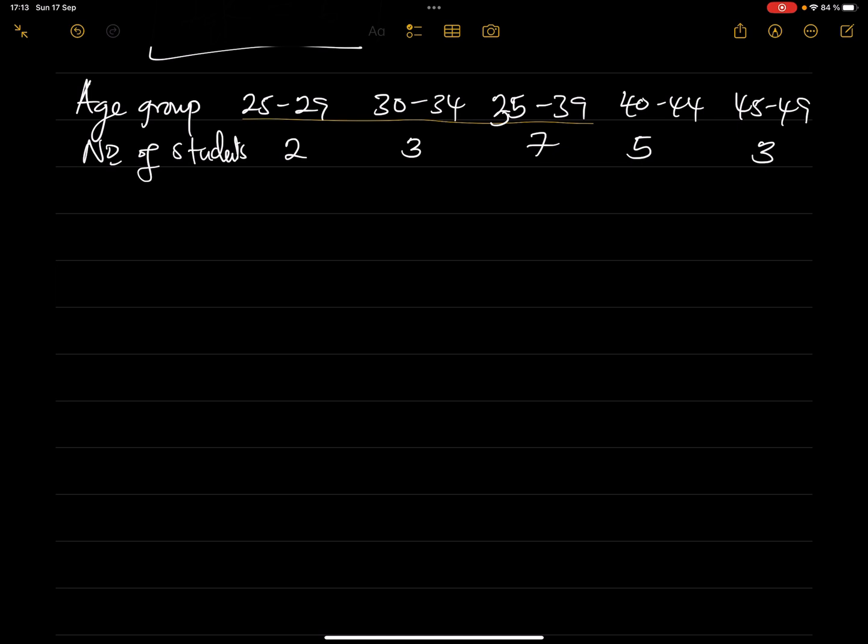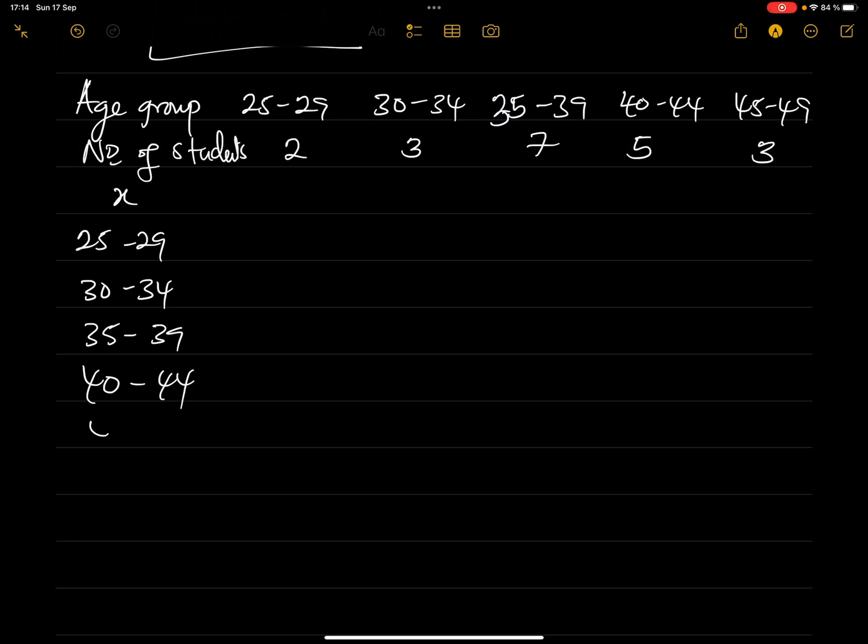So in this case, we can rewrite this table and construct it with the age group, which we can call X. X ranges from 25 to 29, 30 to 34, 35 to 39, 40 to 44, then 45 to 49.